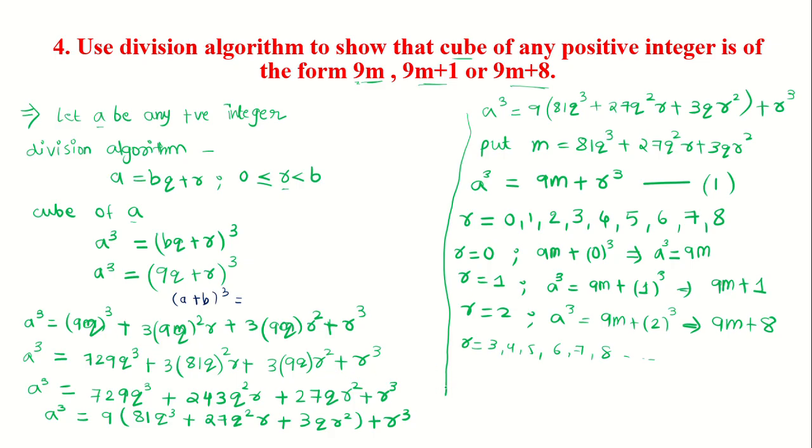So what is the final statement you can write? The cube of any positive integer is of the form 9m, 9m plus 1 and 9m plus 8.